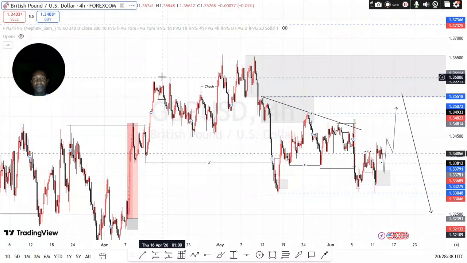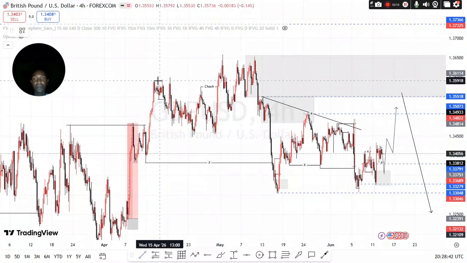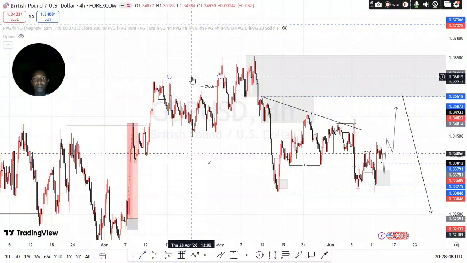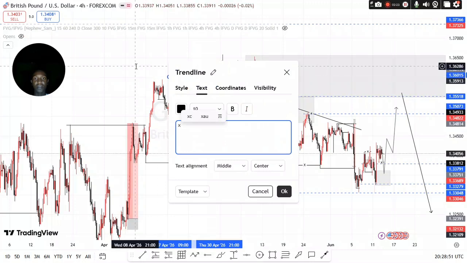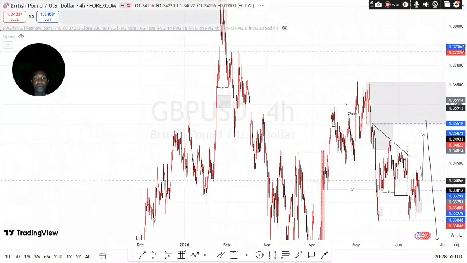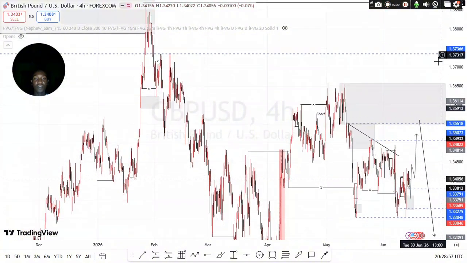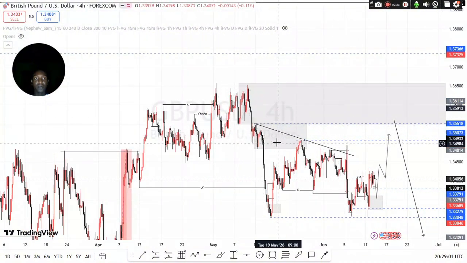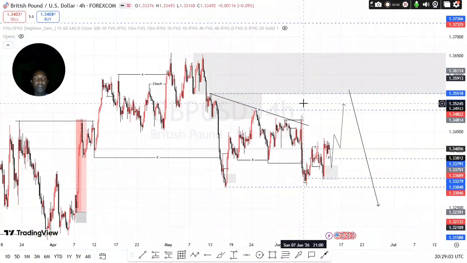So the main idea, look at it, you're seeing the liquidity sweep here, you're seeing the change of character to the downside, right? So it's just giving further confirmation that this order block is strong and reliable.